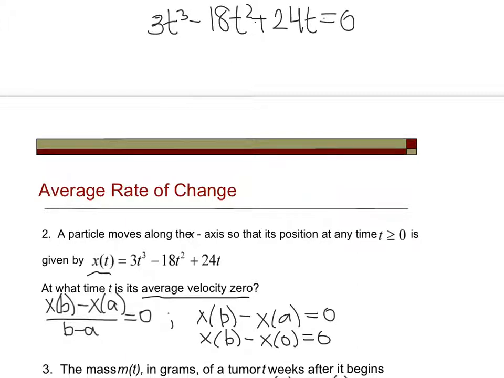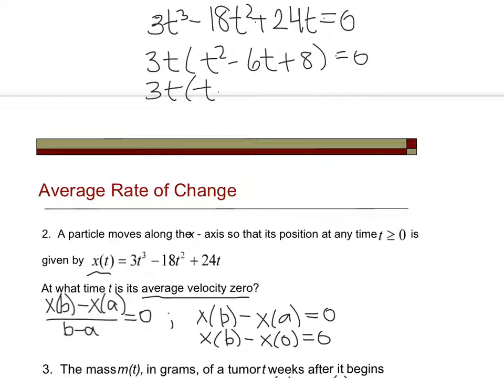Now this is a simple problem where we need to factor it. We see the GCF of 3t, and we have t squared minus 6t plus 8 equal to 0. We'll factor again: t minus 4 times the quantity t minus 2.